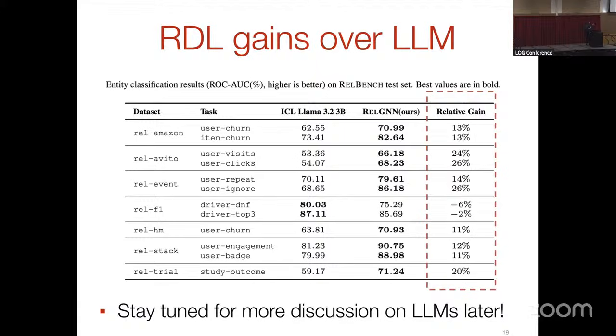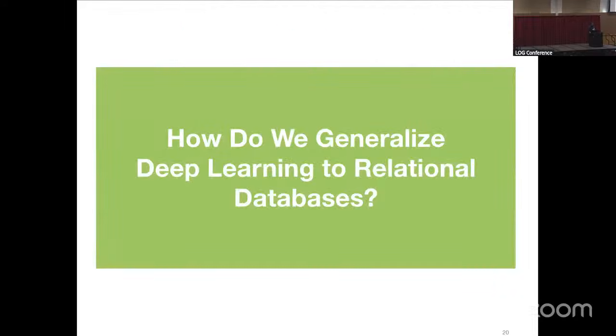And this is binary classification. By the way, if you are interested in regression tasks, large language models fail terribly. So they don't even produce results that are better than some naive baseline. Yeah, so we'll discuss large language models and of course, different models later. So stay tuned.